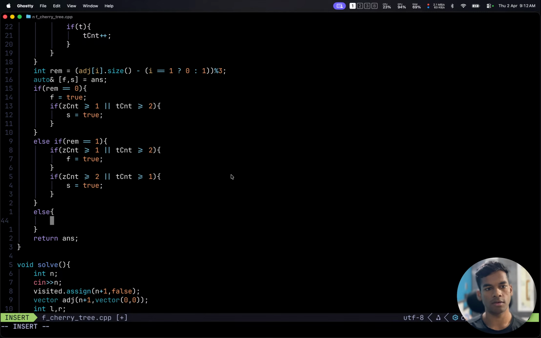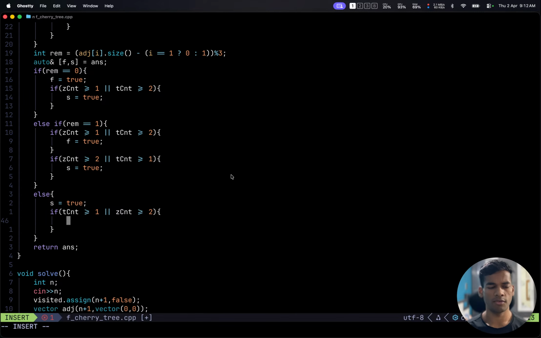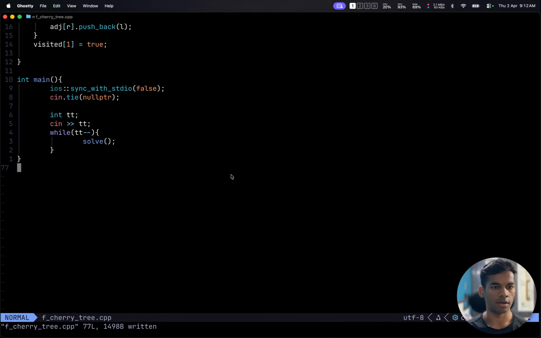And else, s equals true right away, but to get to 1 either t cnt greater than equal to 1 or z cnt greater than equal to 2. If that is the case, then f equals true, and then return the answer.